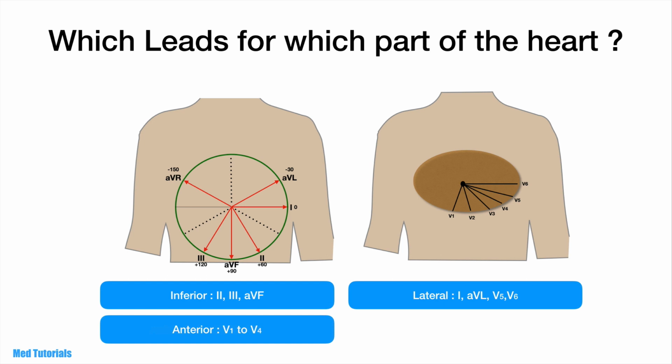The anterior part of the heart is best represented in the leads V1 to V4. The right side of the heart is best represented in the leads AVR and V1.